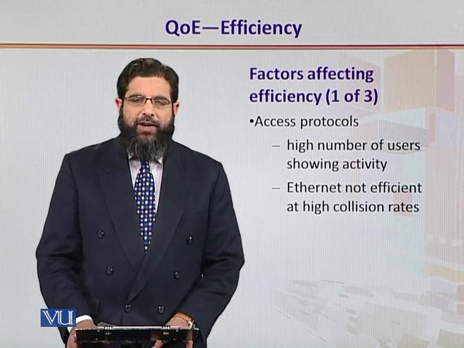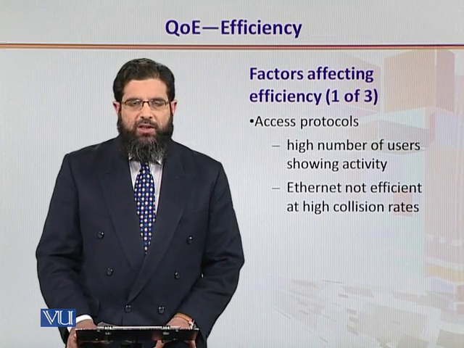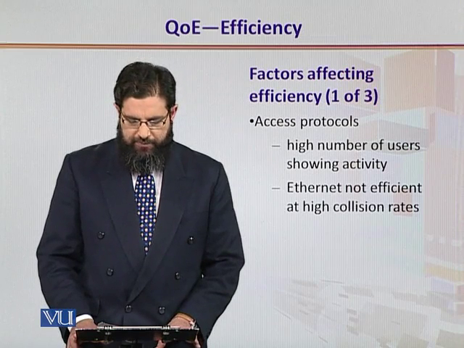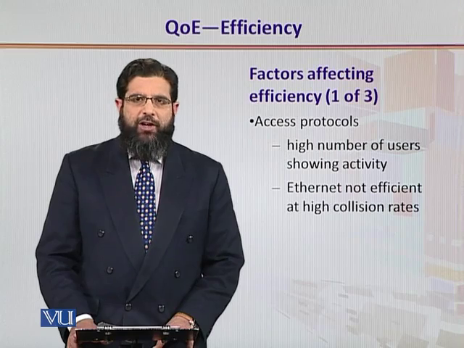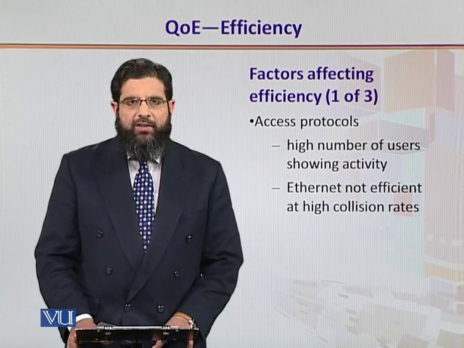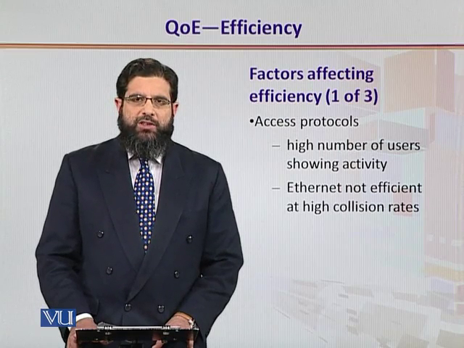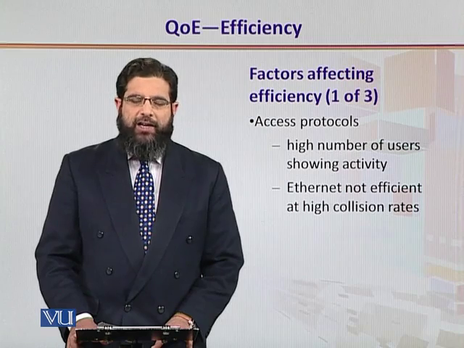The factors which affect efficiency include the access protocols, because generally we have seen that the more users there are getting successful transmissions across, the more efficient the system is.